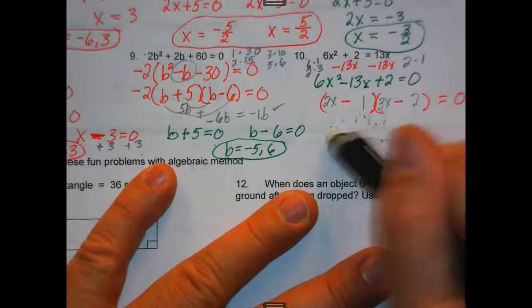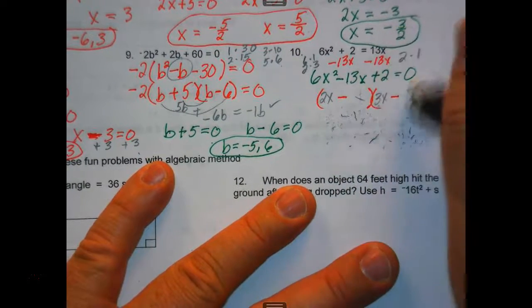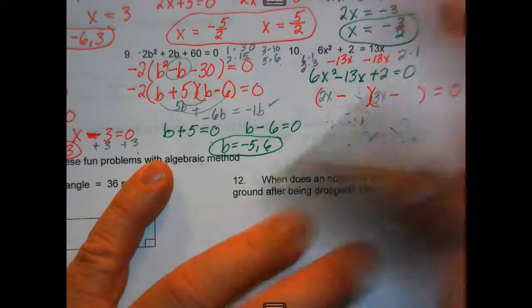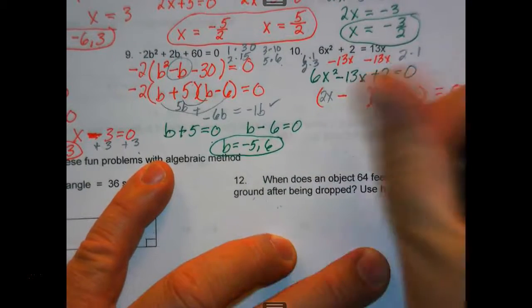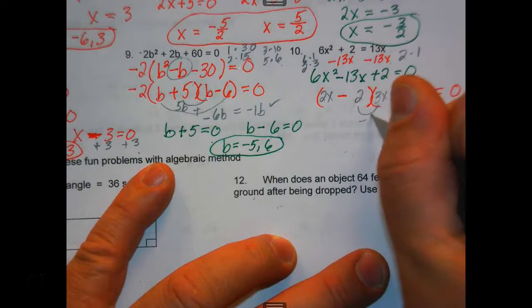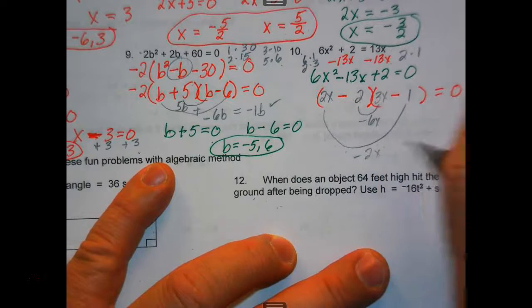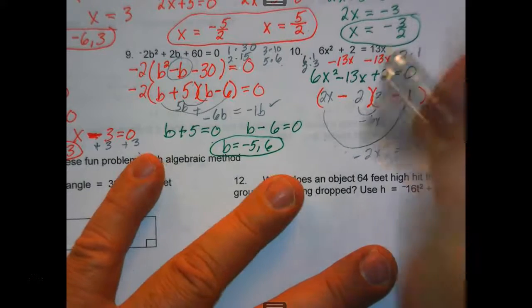What next? Swap the 2 and the 1. Okay, negative 6x, negative 2x. Add those together, I get negative 8x. And nope.